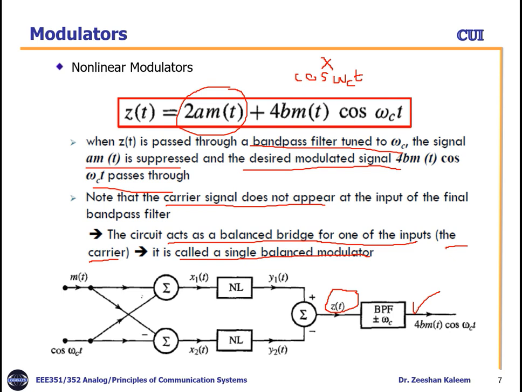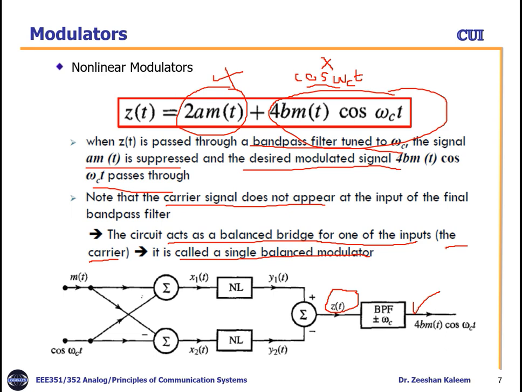Because at the input, at Z(t), there is no independent cos omega c t, but we have m(t) here. So it is called single. If we didn't have this term, for example, we didn't have m(t) here and we didn't have cos omega c t here and only this term, then it would be called a double balanced modulator, right?